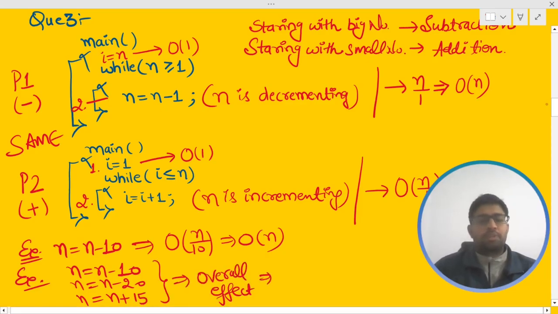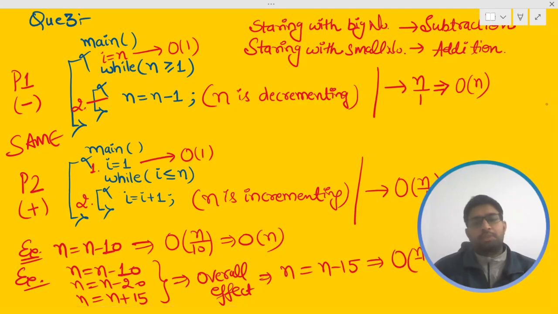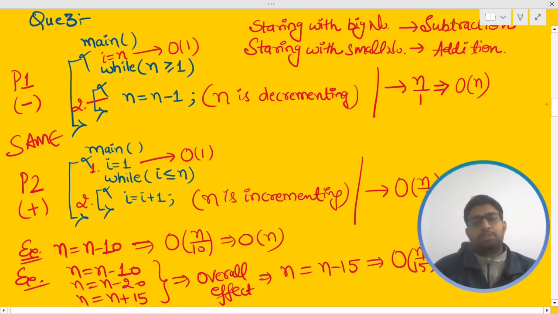The overall effect here is that n is decremented by 15 every time. That means the time complexity will be big O of n by 15, which is ultimately big O of n. The time complexity is big O of n here.